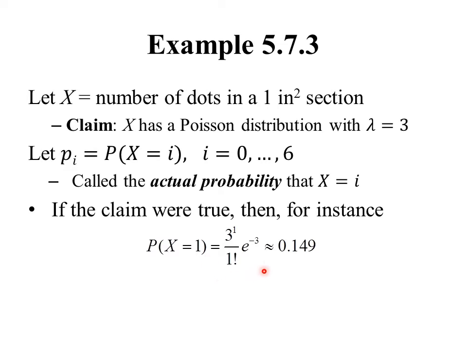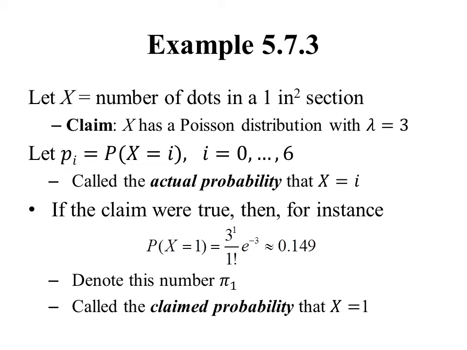So this number comes from the probability mass function of a Poisson distribution. So here we've got lambda to the x divided by x factorial times e to the negative lambda. If we do that arithmetic, that comes out to be 0.149. And so we're going to denote this number pi sub 1.